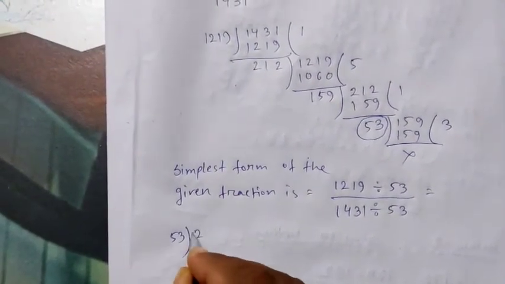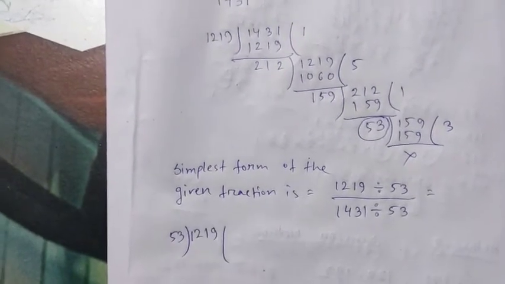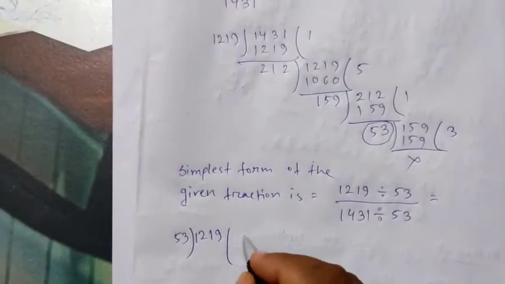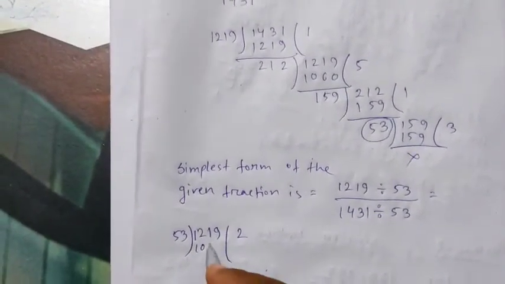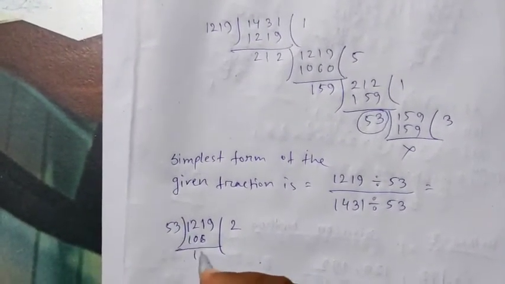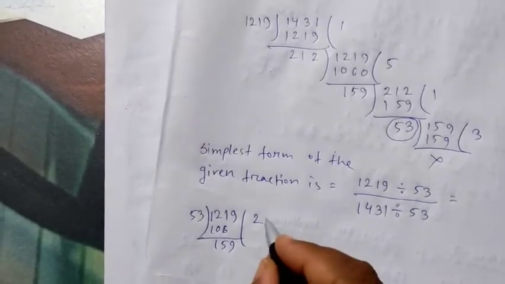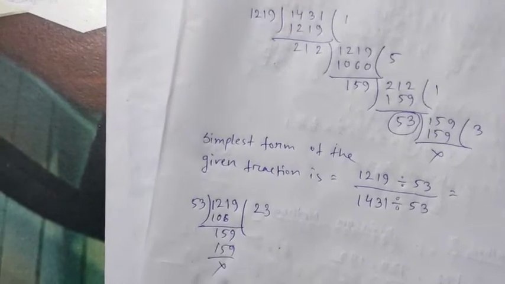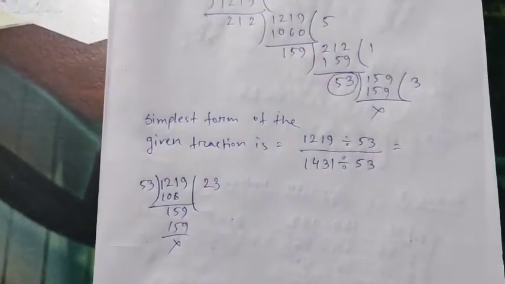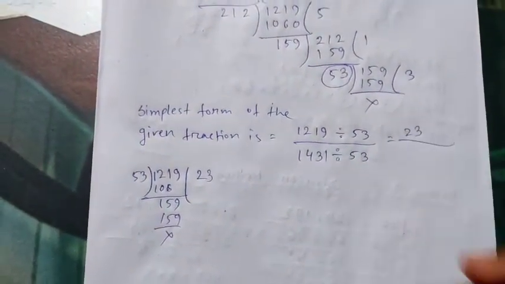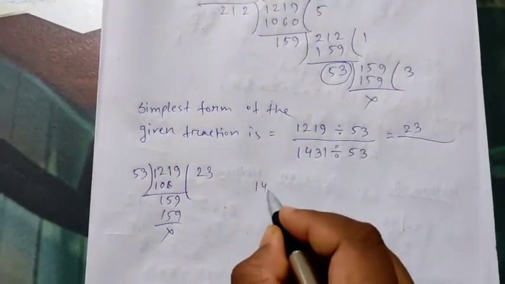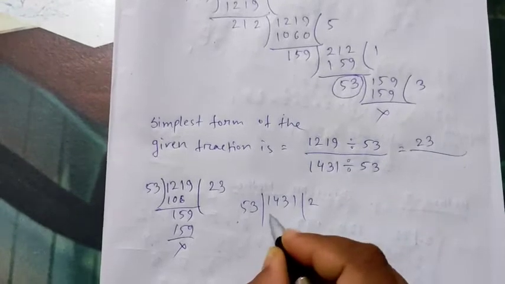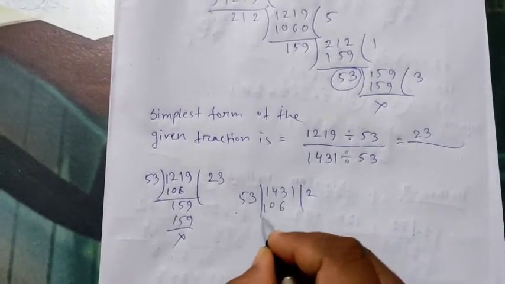53, if you divide 1219 by 53, what you are getting? 2s are 106, then it is 159, and it is 3s are 159. So at the numerator you are getting 23. And for the denominator again you divide 1431 by 53. So again 2s are 106.